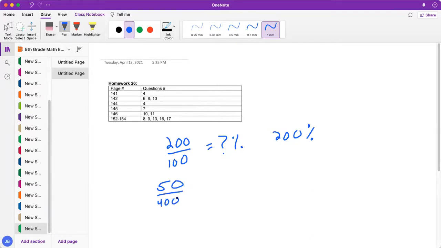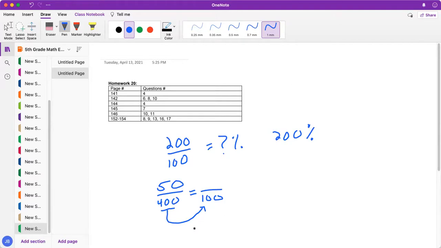Okay, perfect. What we want to do if you get one like this is, if we're getting a percentage, we always want the bottom to be 100, right? So we have to figure out how we get from 400 to 100. What can we do? Divide.